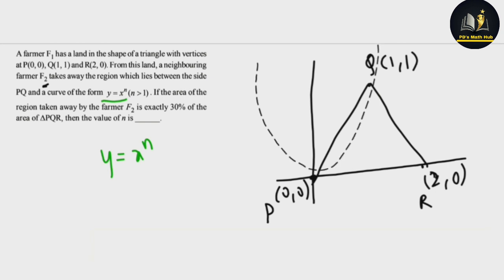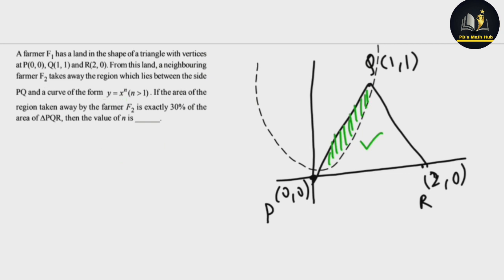This is y is equal to x to the power n, and n is greater than 1. Now the region taken away by the farmer F2 is this region. This region is 30% of the area of the triangle. If this is the condition, then what is the value of n?